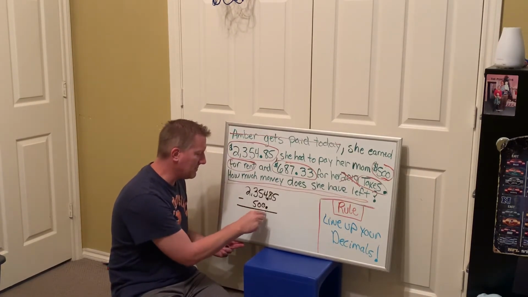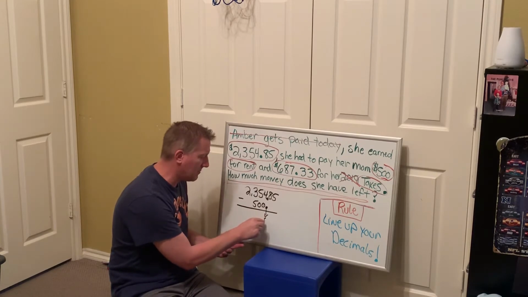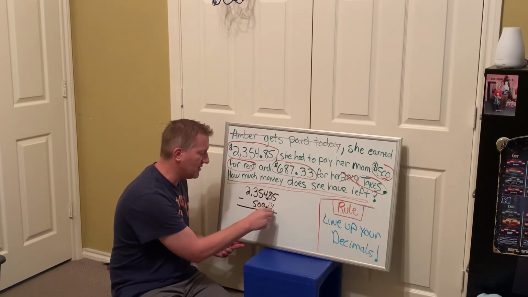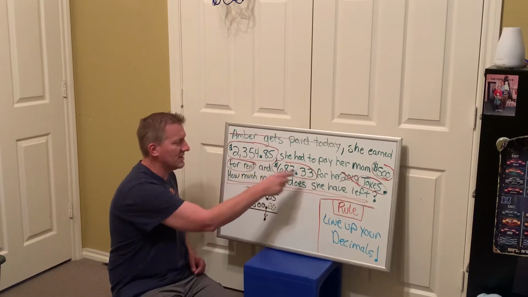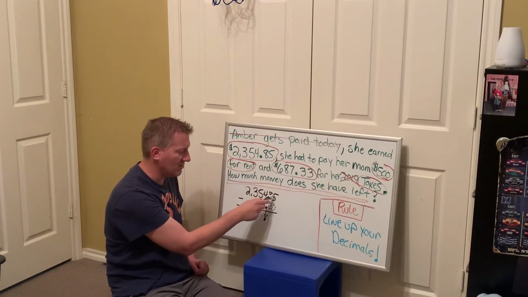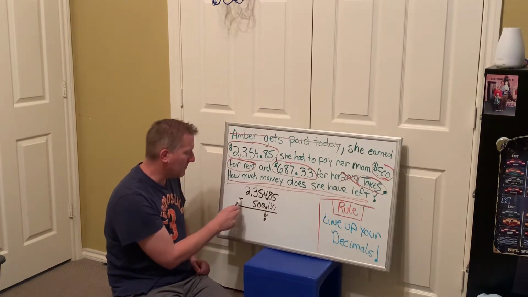Now I lined up the decimal, so I know my decimal place is going to go right here. I'm going to put in some ghost zeros here because that's just the cents that was left off there. So I'm putting in those ghost zeros. And now I'm going to subtract.